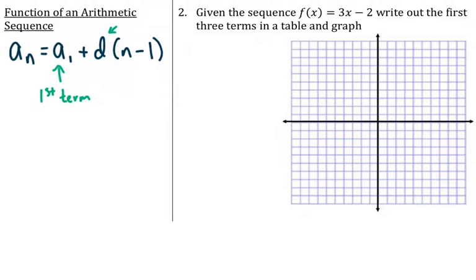Then the question is, how many times are you adding that common difference? Well, you're adding it n minus 1 times, because you started with 0 of them. If I wanted to get to the 10th term, let's say n equals 10, n is the number of terms, you would add 9 common differences to the first one to get to that 10th term.